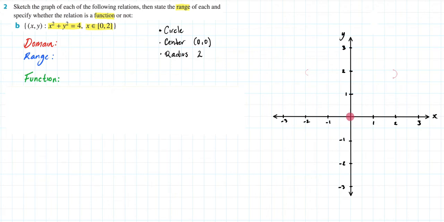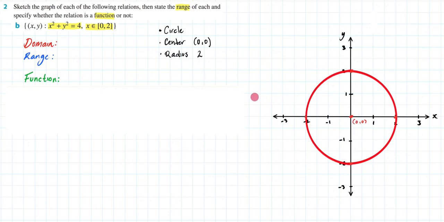So its center will be here at 0, 0. And because the radius is 2, it's going to go up 2, down 2, to the right 2, and to the left 2. Now that I have my center and intersection points marked down, I can give it a graph. So it's going to look like this and like this.